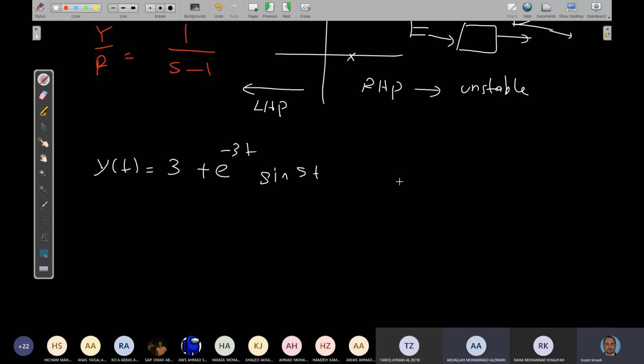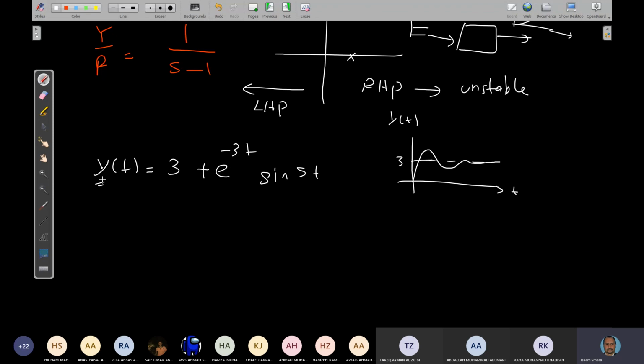It's stable. Why? Because the final value is actually 3. This term will go to 0. So if I plot this one, the final value will be 3, something like this. This one is 3, this is the time, and this is y of t.